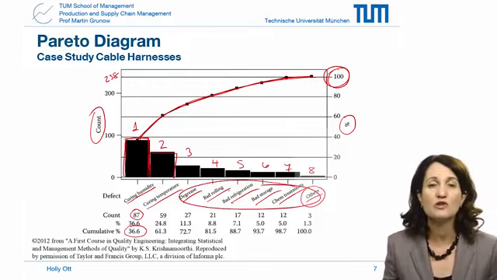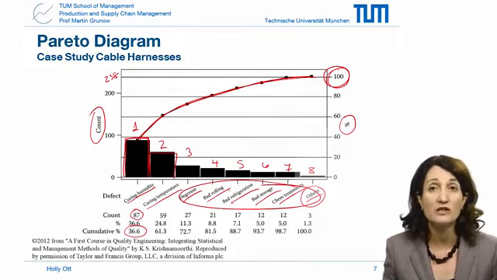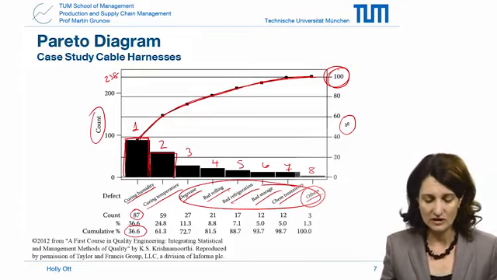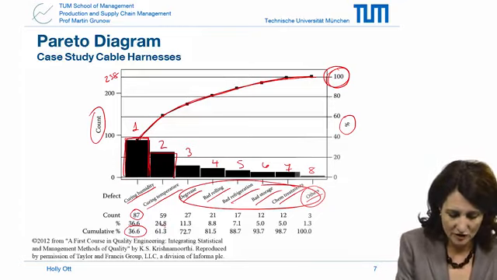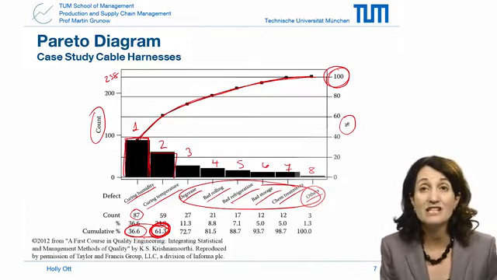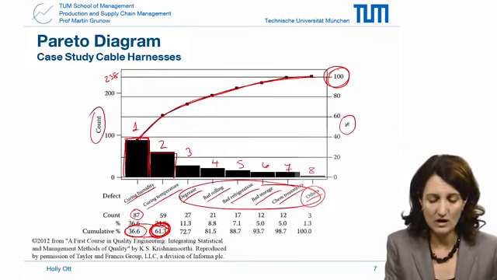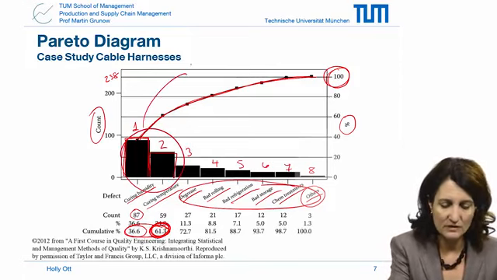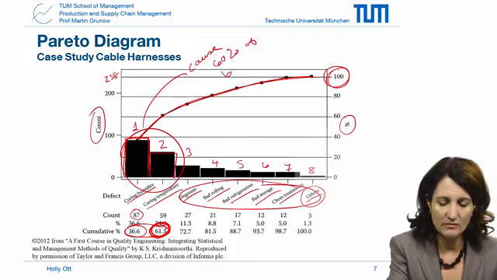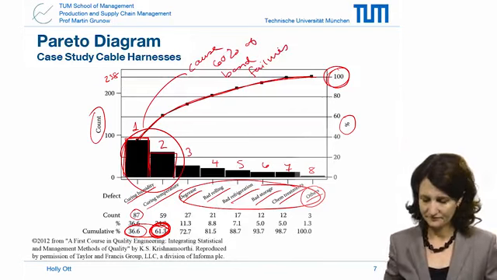And so these would be the two areas where you would concentrate. If you add these up cumulatively, this is the cumulative frequency: 60% of all the bond failures are caused by these two. 60% of bond failures in this case study.